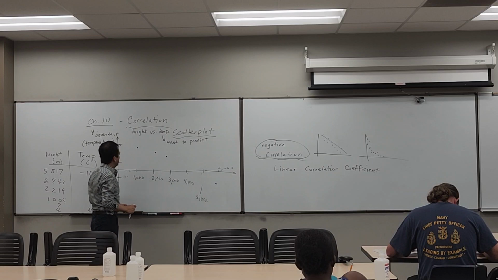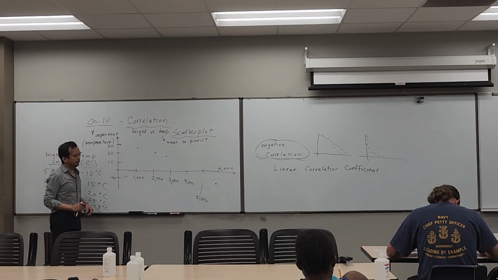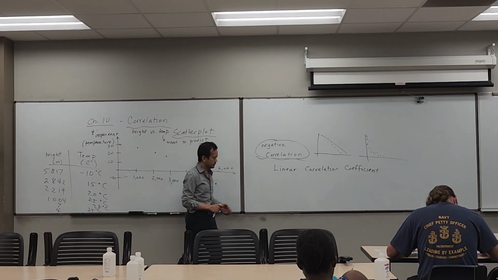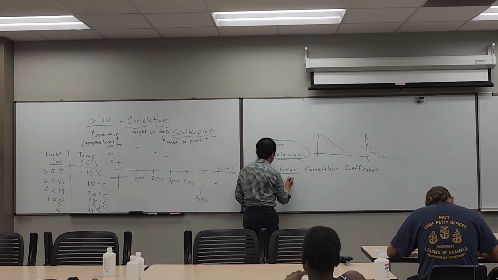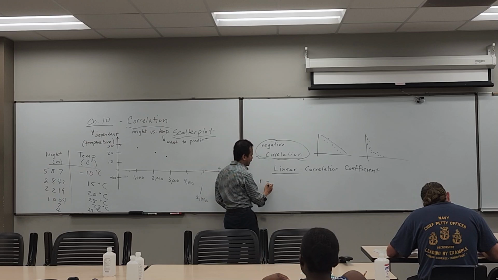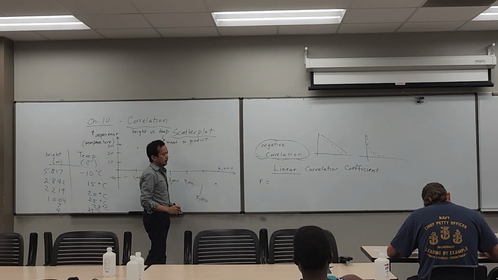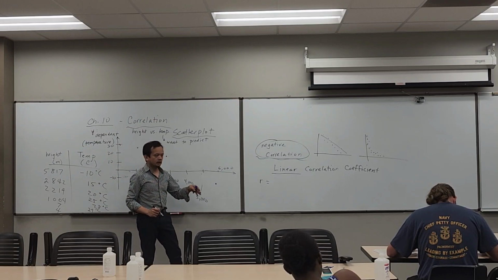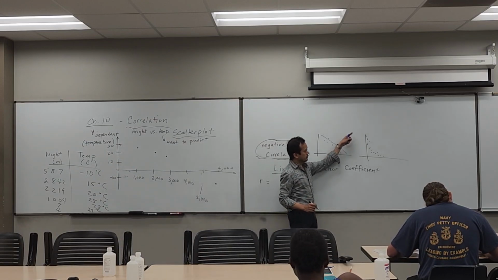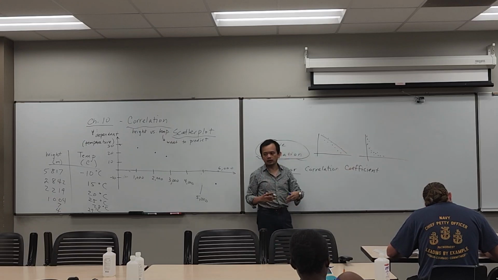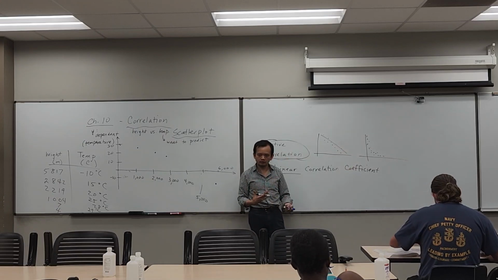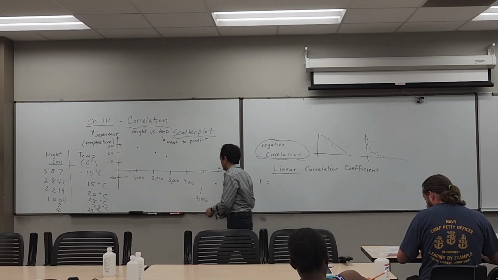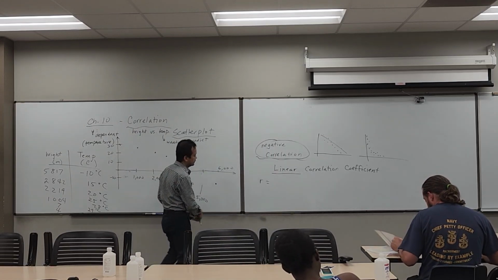So if you look at your textbook, there's actually a formula for linear correlation, and the symbol is R. And again, the linear correlation coefficient measures, imagine fitting the best straight line through these points. How good of a straight line is it to begin with? So let's talk about the linear correlation coefficient.